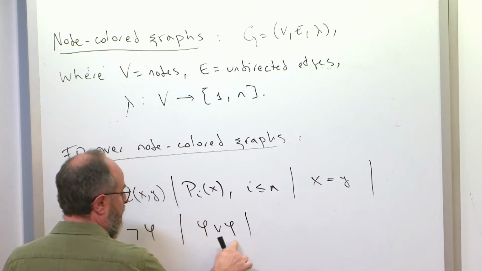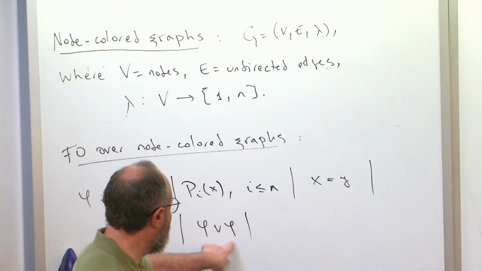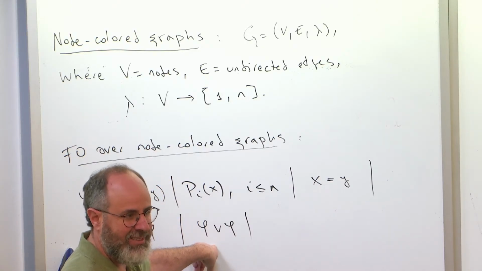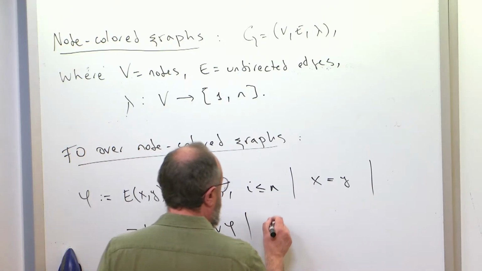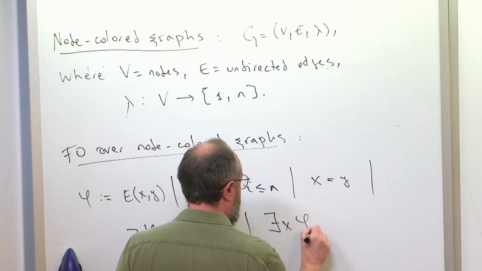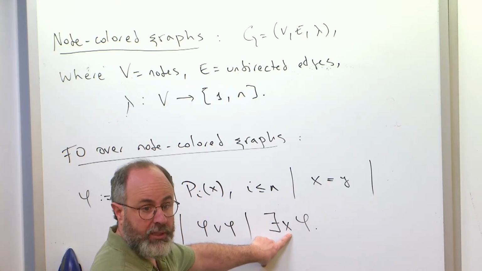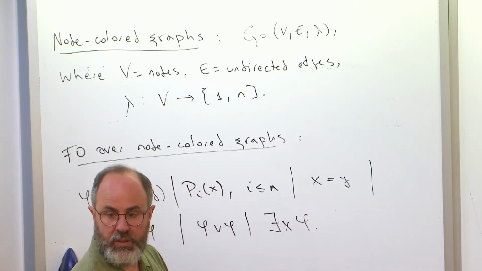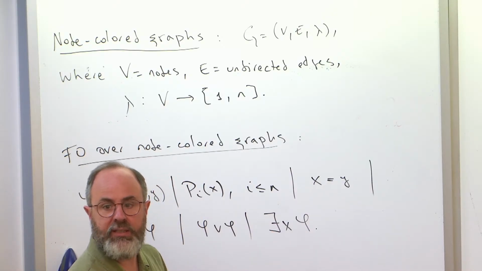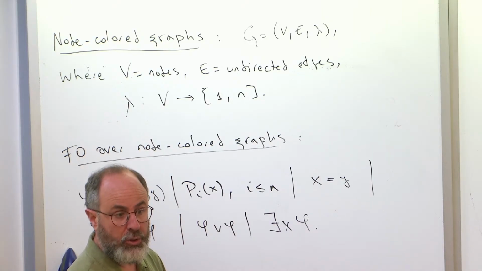The conjunction of two formulas is a formula. These do not need to be equal, it's just a way to represent it. And finally, I can say that there exists an element x, a node in the graph, that satisfies the formula phi. These are all the things that I can say in first-order logic over node-colored graphs, right?